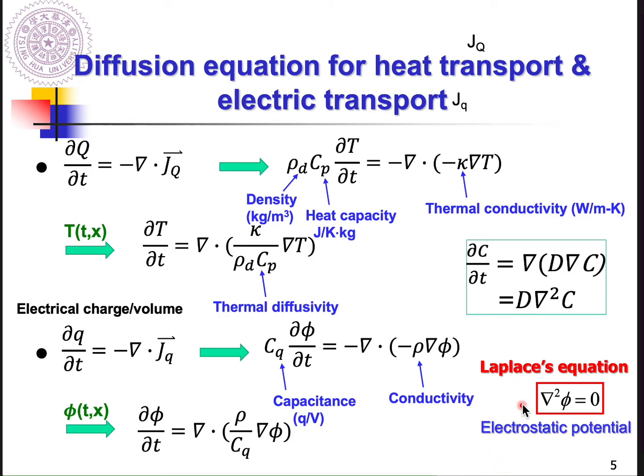So this is the physical meaning of the Laplace equation: when it equals 0, there is no charge accumulation in this material system. And there is a current, so definitely there is a variation of electrical potential. But this variation does not change with time, because this equals 0.